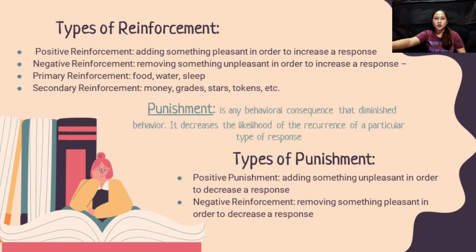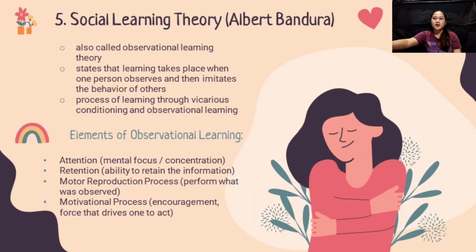Positive punishment is adding something unpleasant in order to decrease a response, while negative punishment is removing something in order to decrease a response. So those are the two types of punishment by Frederick Skinner.